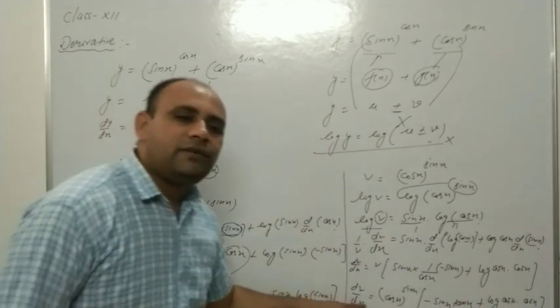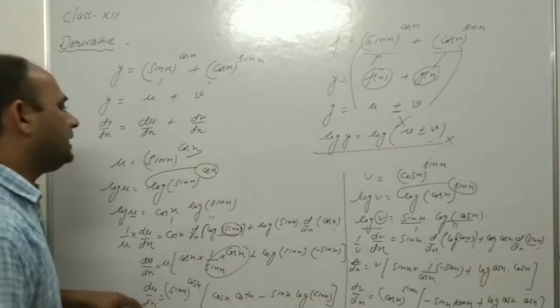So it is our dv by dx, and it is du by dx.